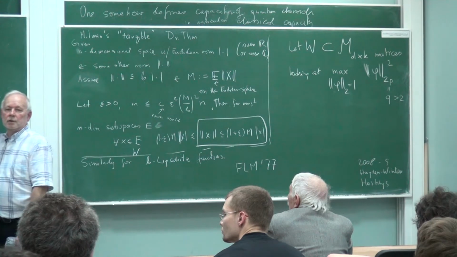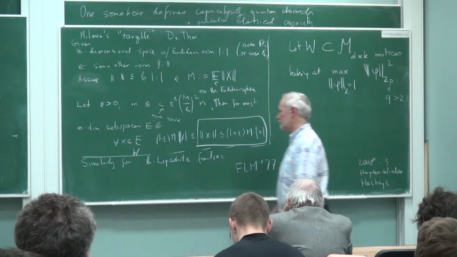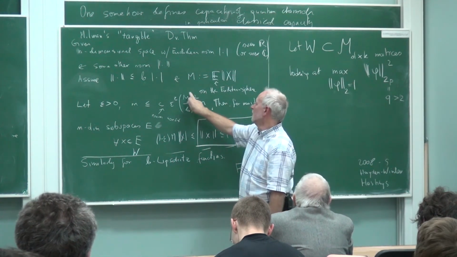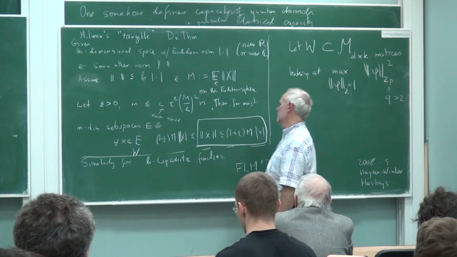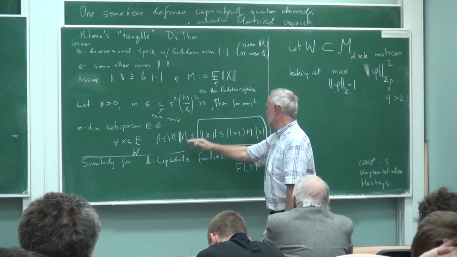The 2p norm is smaller than the 2 norm. Those are like little lp norms. Okay, so those are just numbers. This can be calculated. This follows from the theory of random matrices. So all of this is totally explicit.